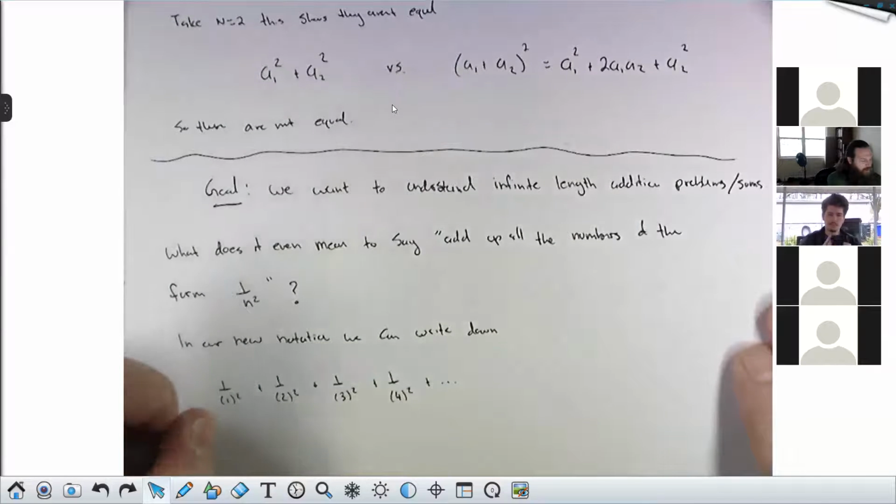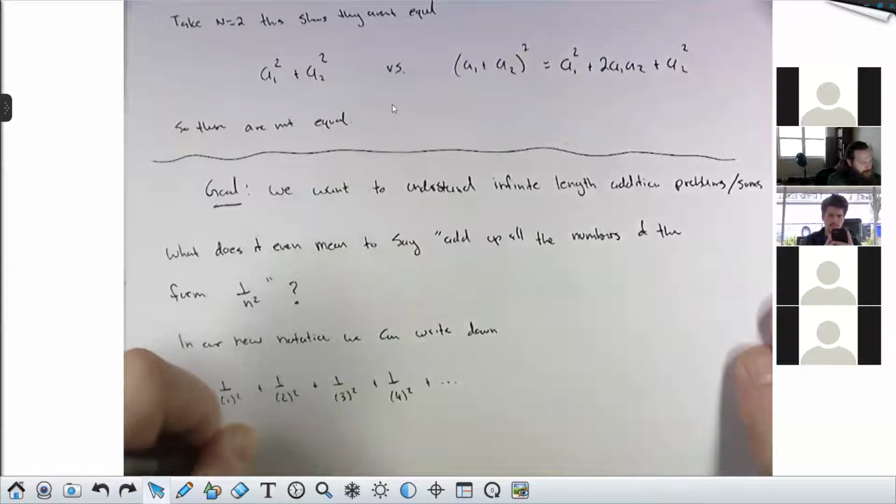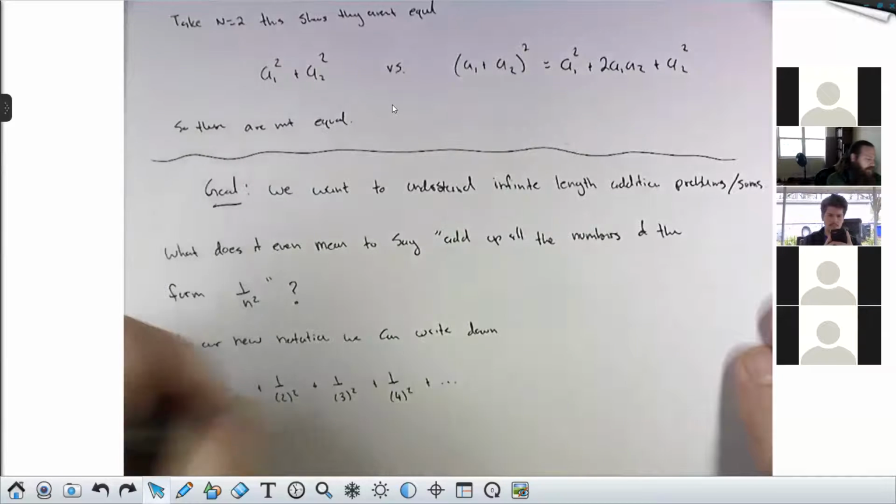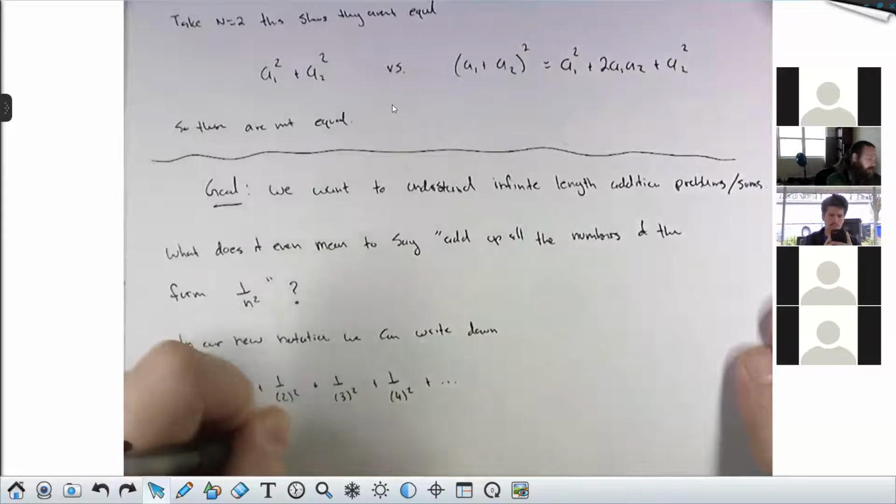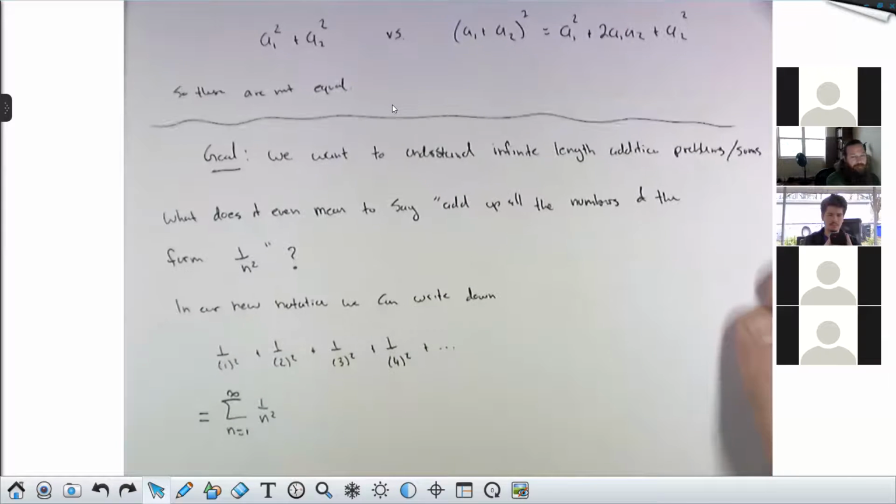I could say that in sigma notation, it makes sense to call this the sum from n equals 1 to infinity of 1 over n squared. But what does that mean?